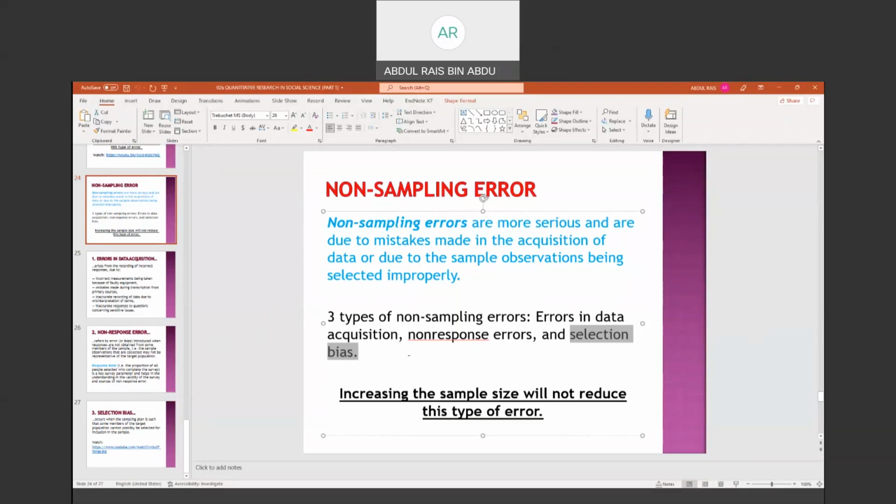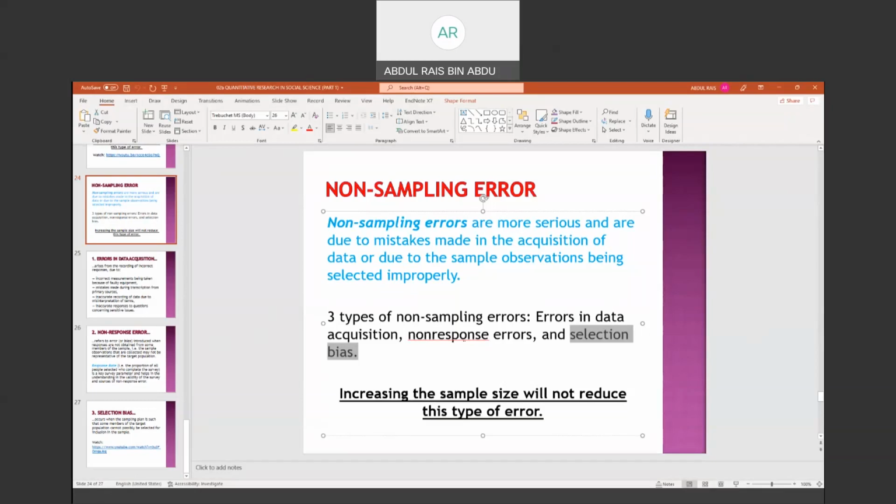Last sekali, non-response error, di mana ambil sampling berdasarkan sekolah rendah, tetapi kajian gula-gula tu you lebih gairah you pergi jemput ataupun minta pelajar sekolah menengah dan pelajar universiti untuk sama-sama join untuk survey preference of gula-gula ni.